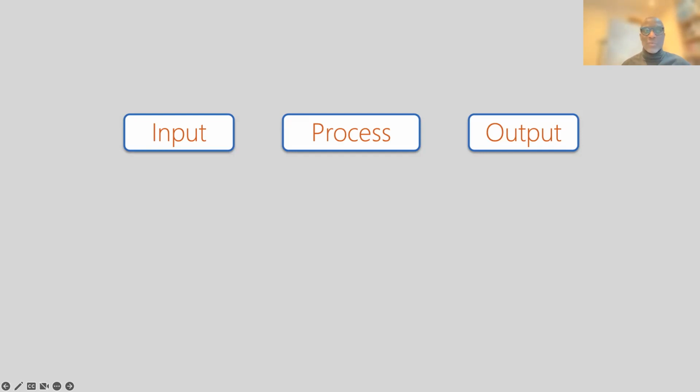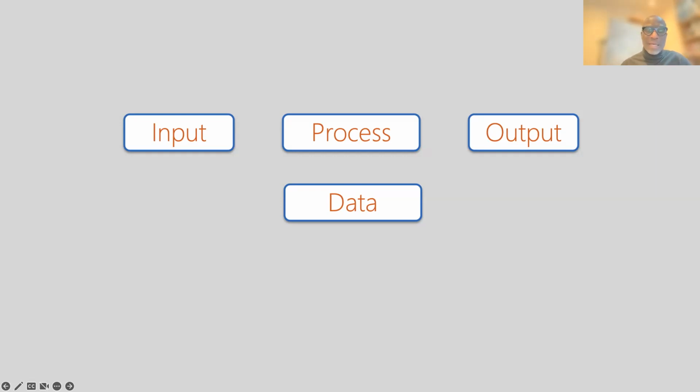And you have a lot of data that can be entered into the system, and the processes in terms of how that data is processed, and also the output in terms of how the data itself is used. So you have your data, which is the core things that you'll be really processing.